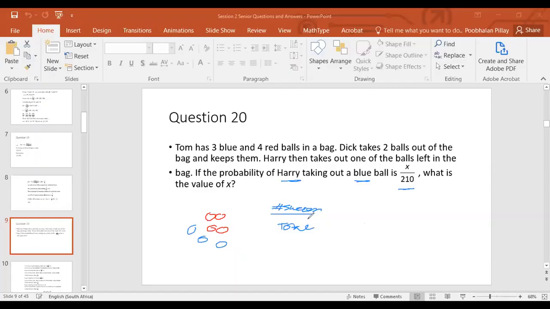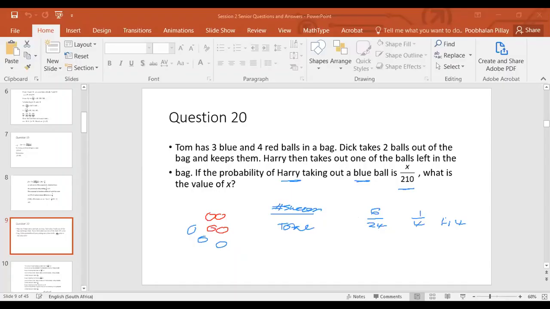So if you know, for instance, if it's going to rain for 6 hours of the day, and I ask you what is the probability that it's going to rain, you will tell me, well, it's going to rain for 6 hours and there are 24 hours in the day. So therefore the probability that it will rain is 1 in 4. You know how to calculate it. You look at the number of successes over the total, and that is how you work out the probability. So bearing that in mind, let's try to solve this problem.